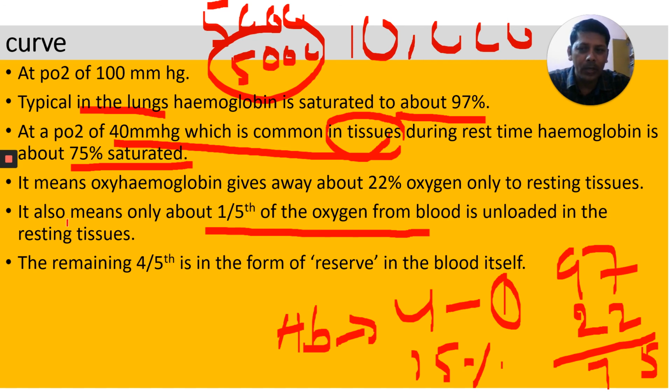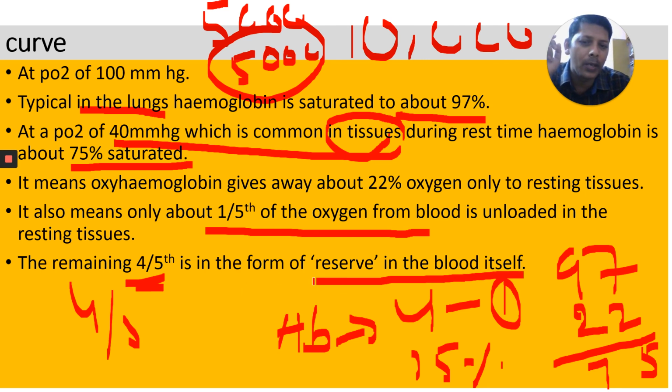Here it has 100 and is only giving about 20 to 25. The remaining four fifths is in the form of reserve in the blood.